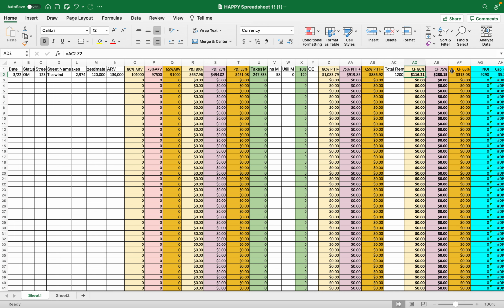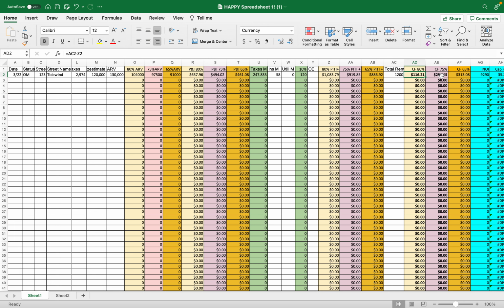So obviously, the more capital you leave in the property, the more you're going to cash flow each month. So it just depends on what your goal is. If you're comfortable leaving that capital in there, or if you're trying to get as much cash out of it to go reinvest it, whatever your situation may be, or whatever loan products are available to you, is what you would have to go to.